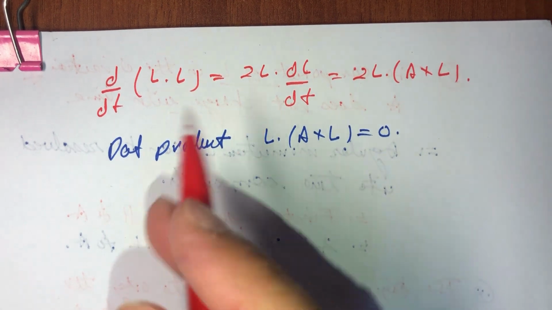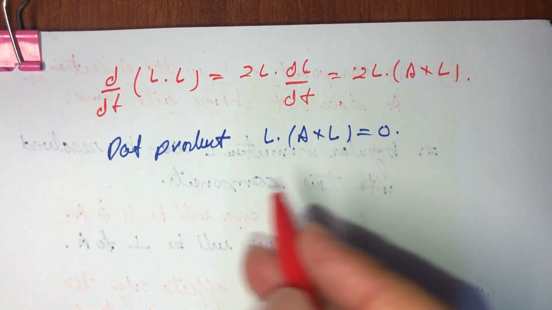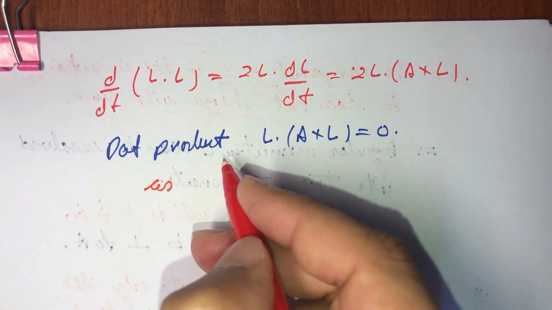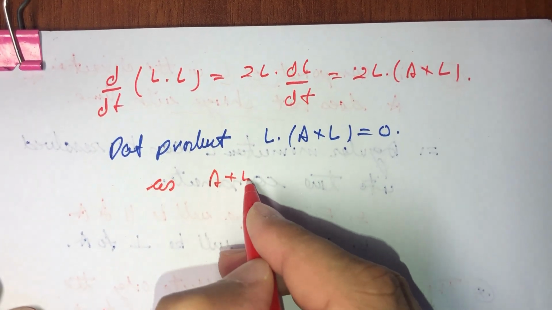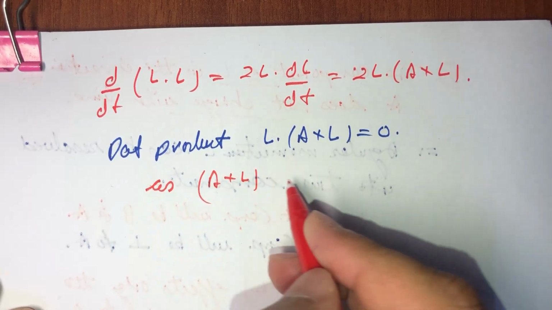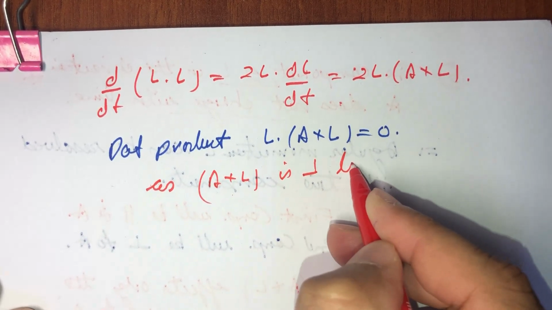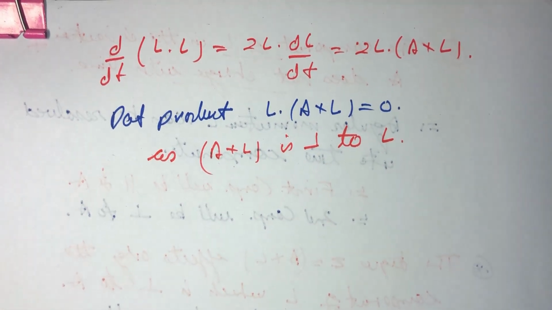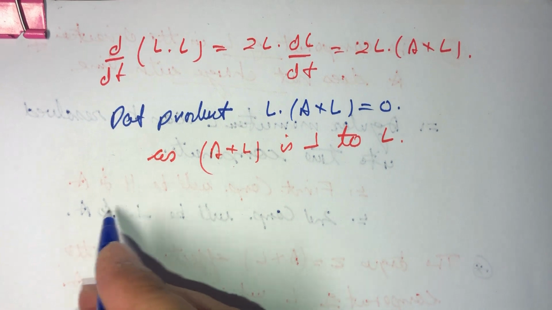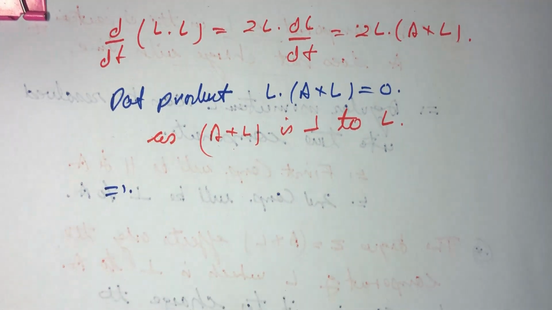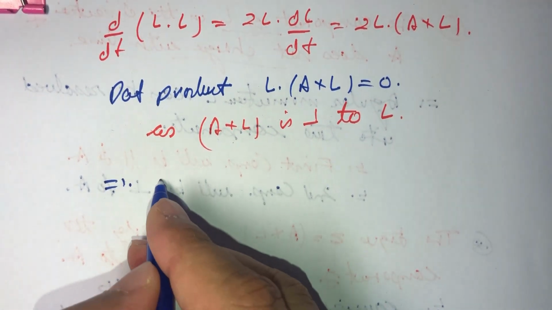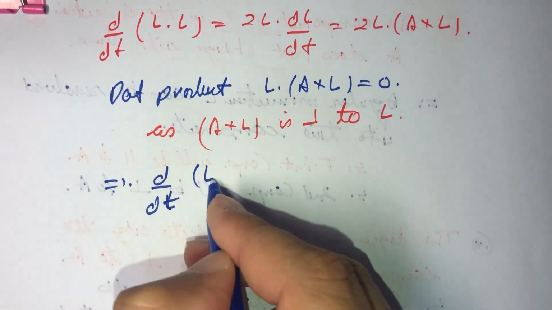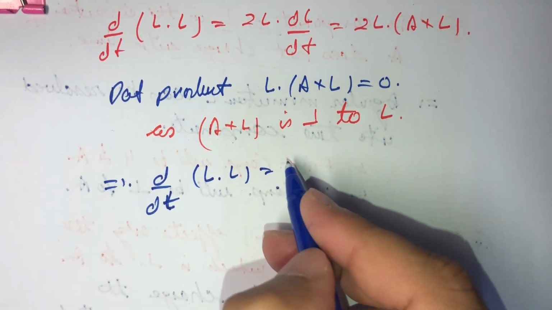This will be equal to 0, and the reason is very simple: A cross L is perpendicular to L. This implies that d by dt of L dot L will be equal to 0.